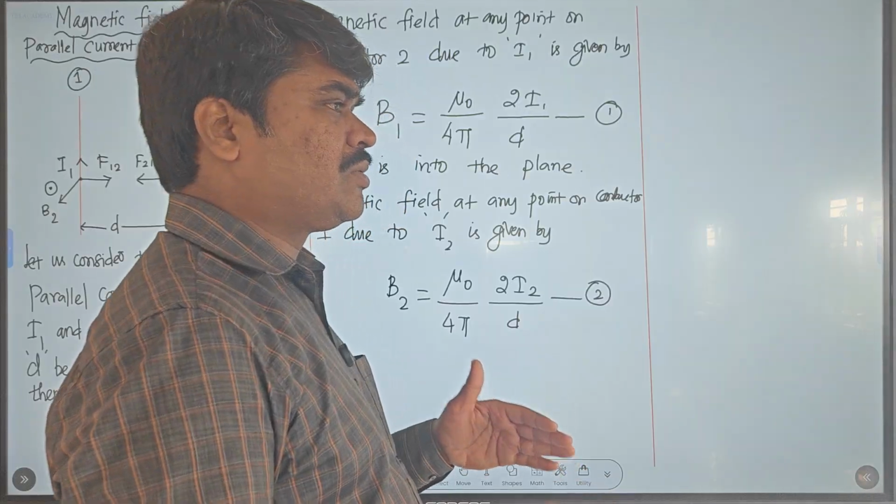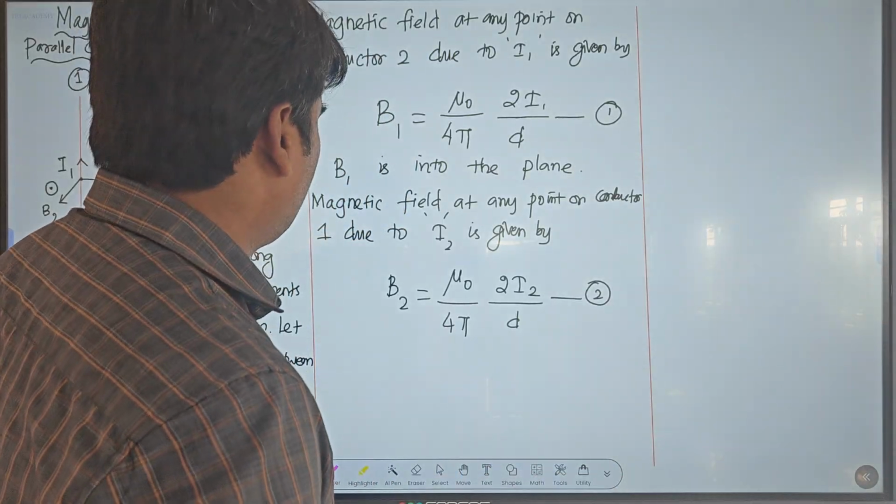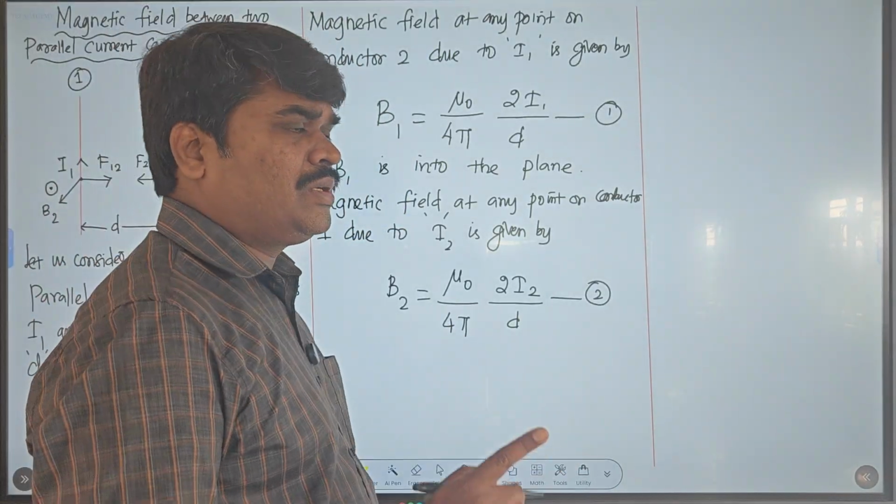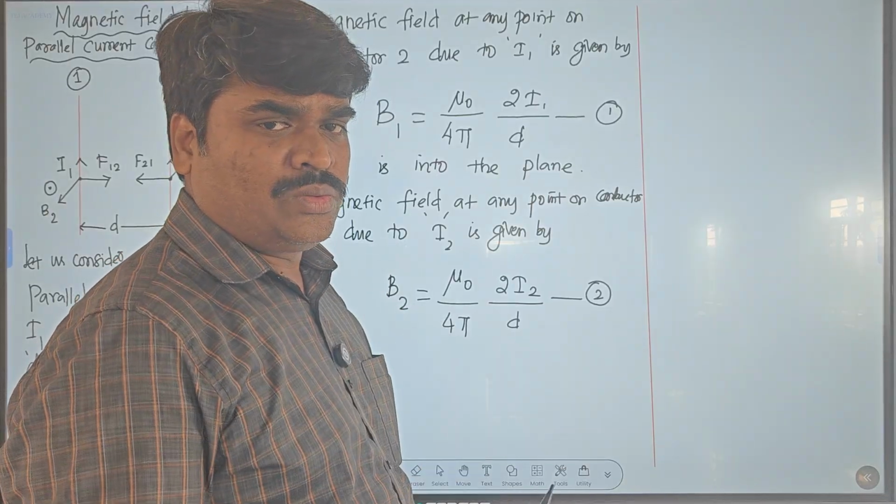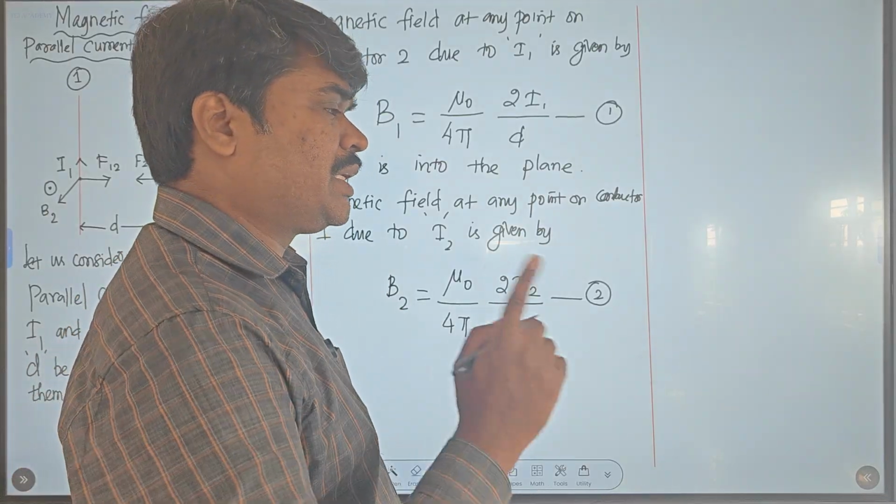So basically we have to come into the concept of force. Now we know that the force is exerted by conductor 1 on conductor 2 as well as conductor 2 on conductor 1.